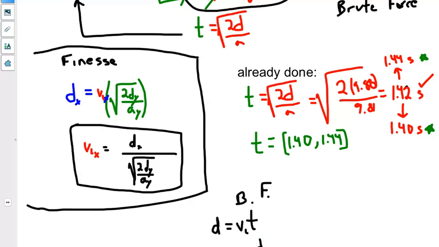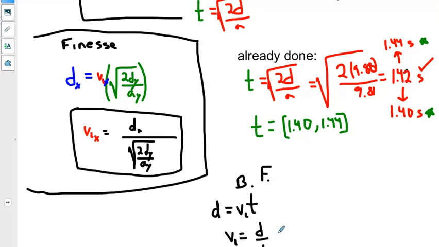Now here's what you already did. You already plugged in D in the X, 41.55. Just remember, your number might have been a little different. You might have had 40.92. One of the groups had 33. It's whatever distance you got here. 41.55 over what you already put down here was 1.42. By the way, if you're watching this and you're not sure, you can use the 41.55.